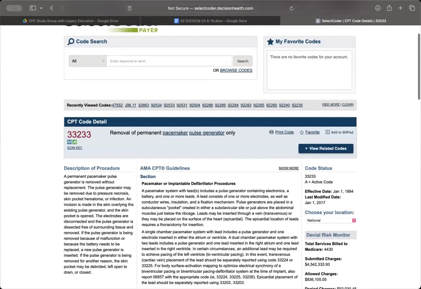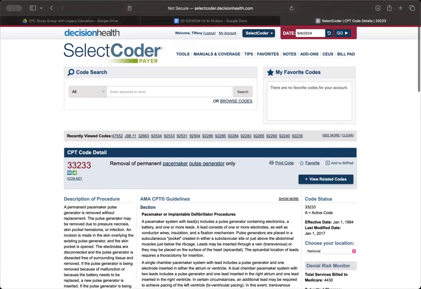So if you're wanting to find your NCCI information, just go to Google and type in 2024 NCCI file. Then it'll take you to the page on CMS where it's located, and you can find all of your NCCI edits that way. Thank you. You're welcome. Absolutely.